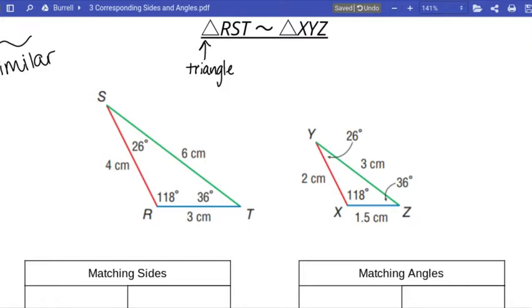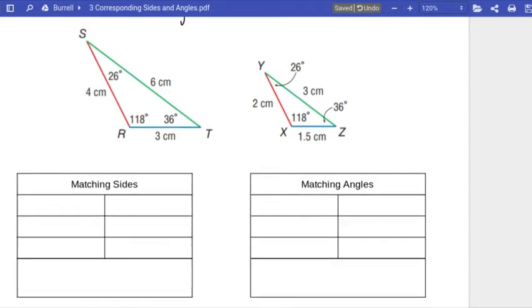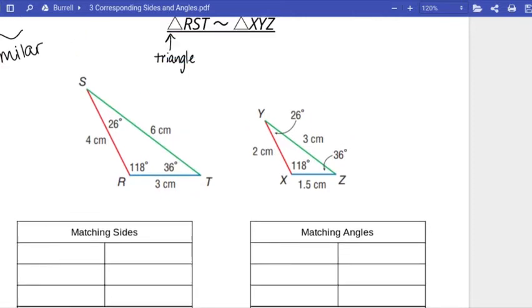Let's start by identifying our matching sides or our corresponding sides. This is where your colors will come in handy. So we're going to start with, since our triangle was labeled RST, I have RST.